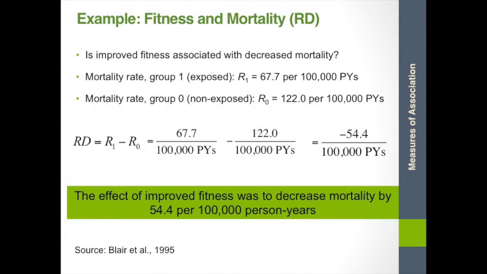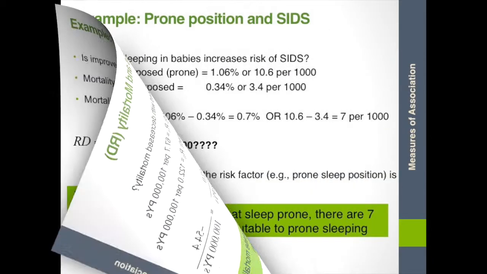We previously obtained the mortality rate in a group that was exposed to improved fitness and also the mortality rate of a group that was not exposed to improved fitness. After subtracting one value from the other to calculate the rate difference, we find out that the effect of improved fitness was to decrease mortality by 54.4 per 100,000 person years.